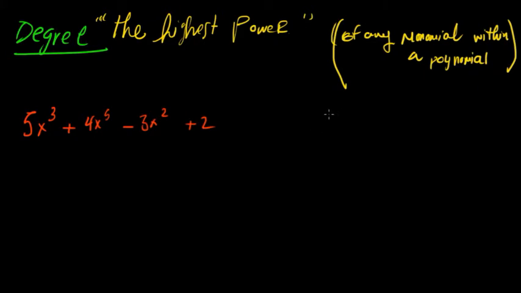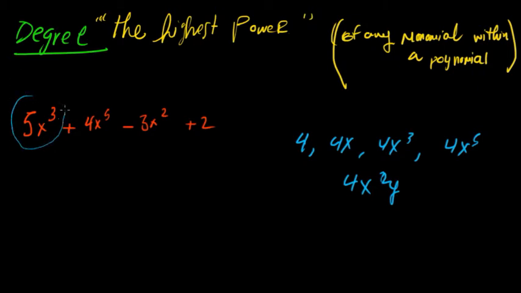They're single terms that only have multiplication in between them. So 4x cubed, 4x to the 5th, 4x squared y, these are all monomials. Let's circle all of our monomials. This is a monomial, this is a monomial, this here is a monomial, and this too is a monomial.